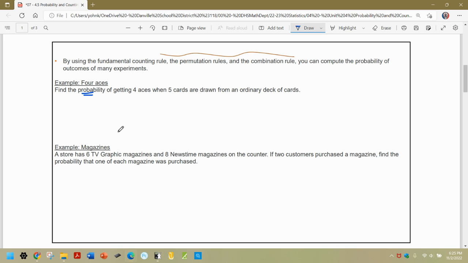The practicing that we did in the previous section with finding the number of outcomes is going to go on the bottom. And on the top of the fraction, we're going to find the number of ways the specific event actually happens. So remember, probability is always total outcomes on the bottom, and the specific event goes on the top.